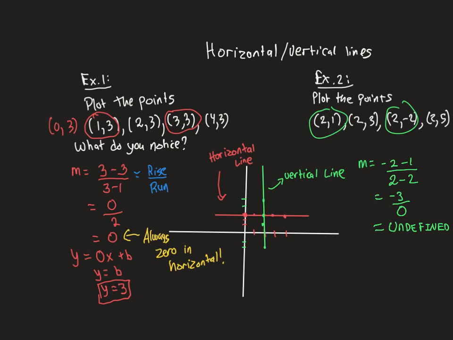So because of that, when we write our equation here, the equation is going to be modeled on what the x can be. So x is always going to be giving me 2 each time. Which means the equation of this line is x is equal to 2.